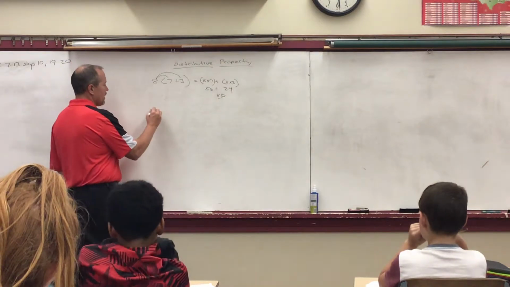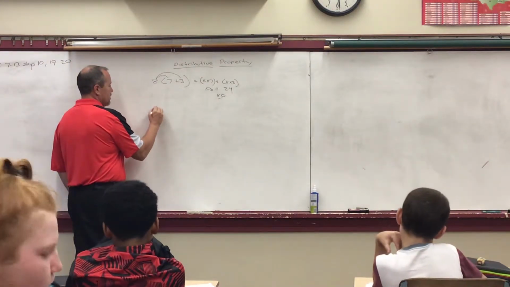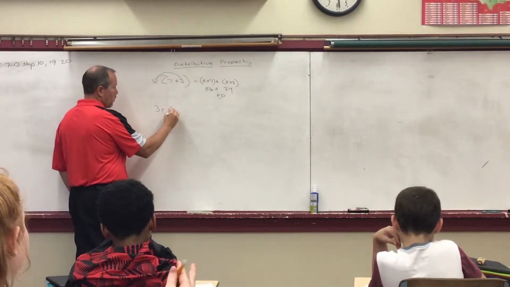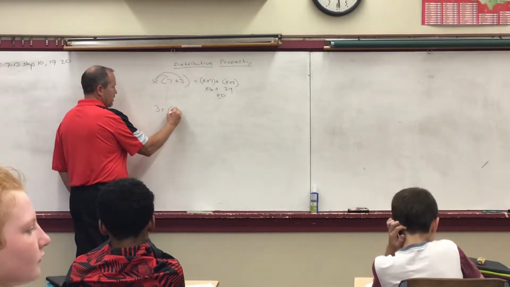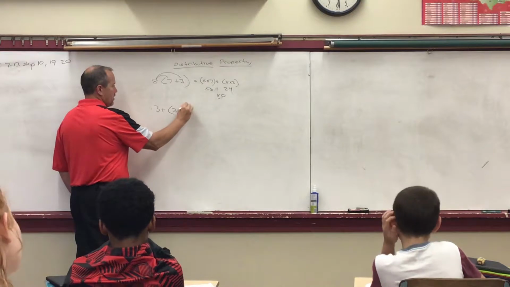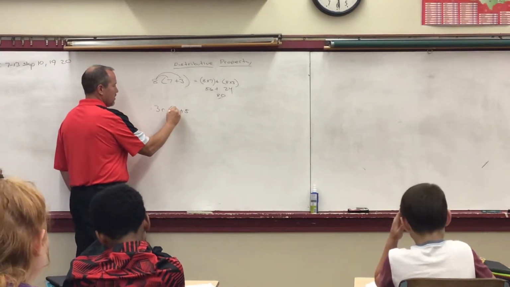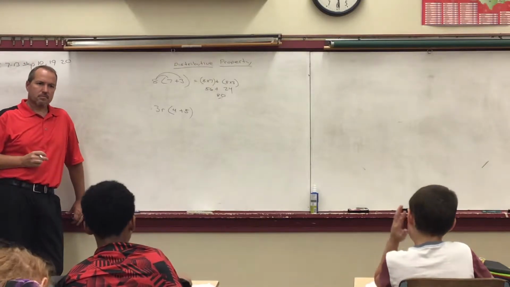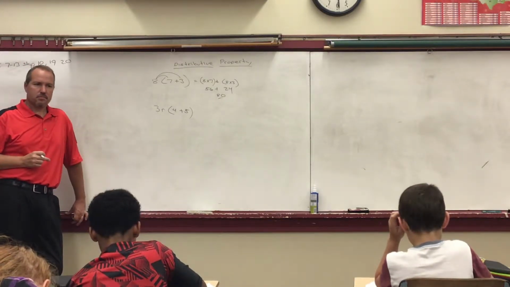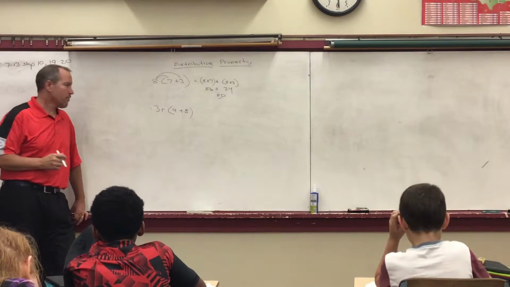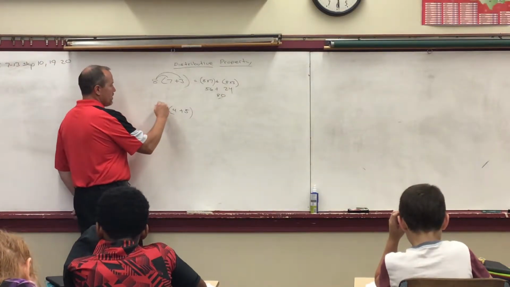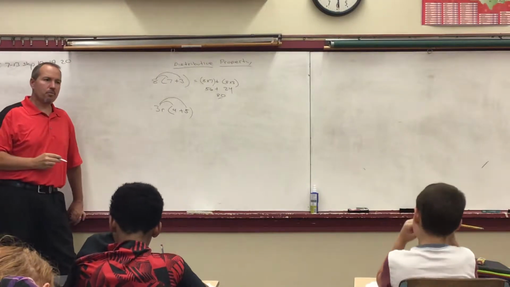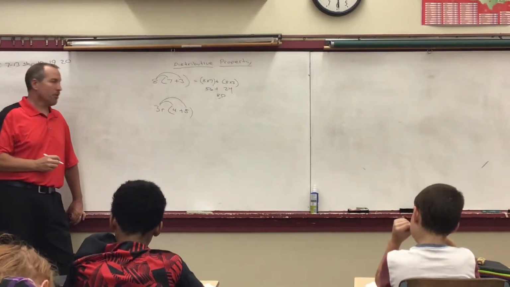If we have something like this, 3r times a quantity, 4 plus 5, we can distribute the 3r into both parts.